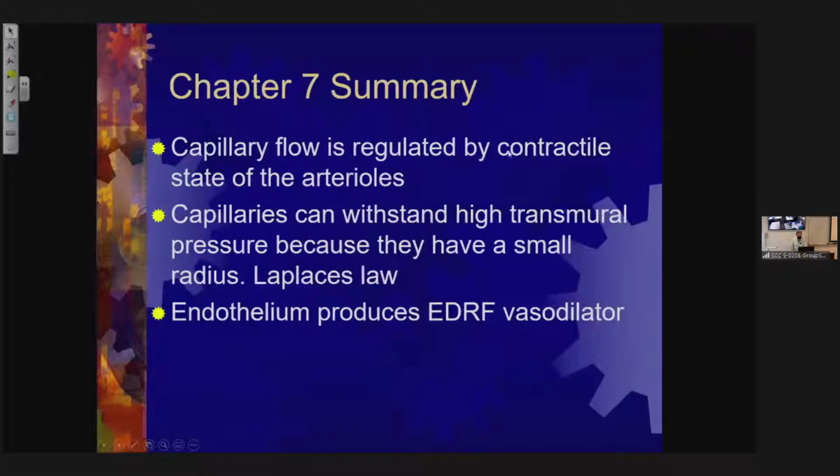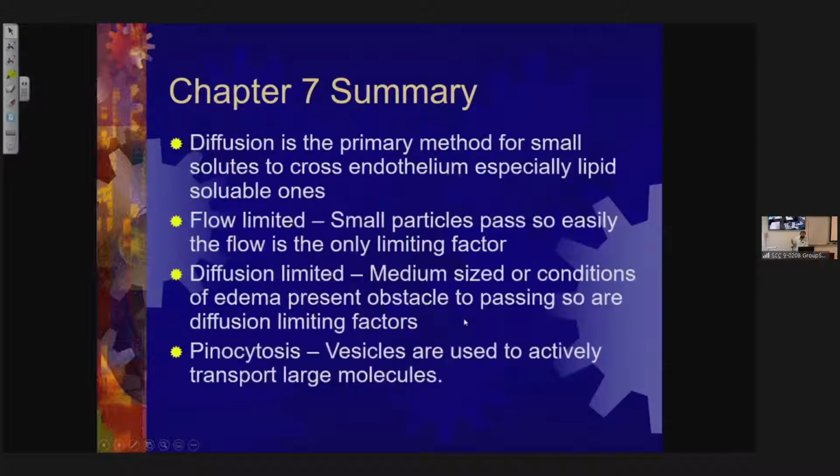So capillary flow is regulated by the contractile state of the arterioles. Capillaries can withstand high transmural pressures because they're a really small radius. That's Laplace's law. Endothelium produces a relaxation factor to regulate flow through the capillaries. And then here it talks about how things can transmit across the capillary. There's diffusion, where if you have high concentration on one side of a boundary and low on the other, they want to naturally balance out.